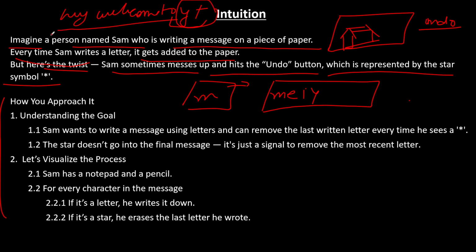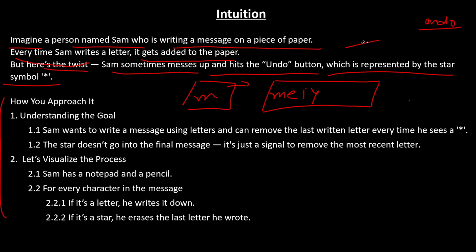So what does it signify? It signifies that whenever we click undo, the most recent thing you did, it could be writing, it could be drawing, it could be any modification, gets removed. And the number of times you click undo, the most recently used gets removed.